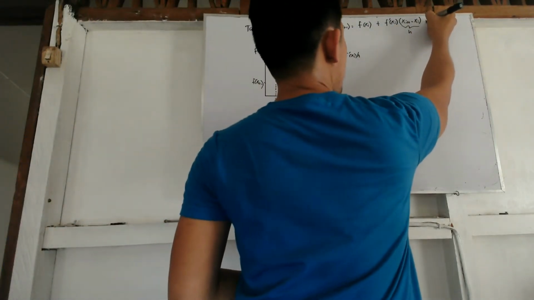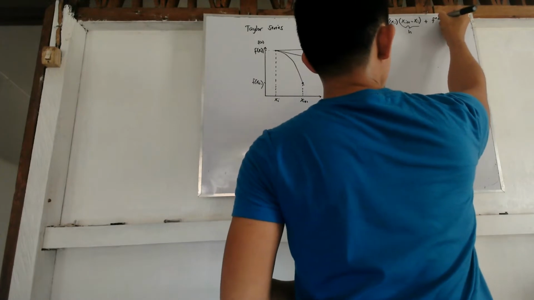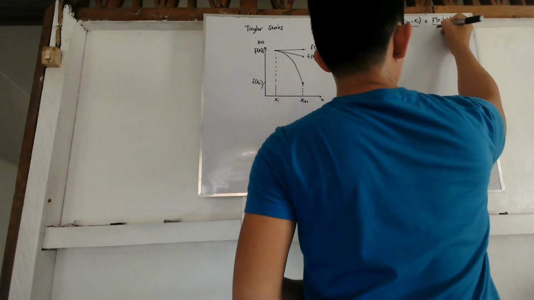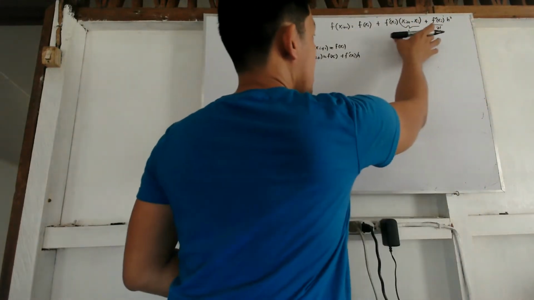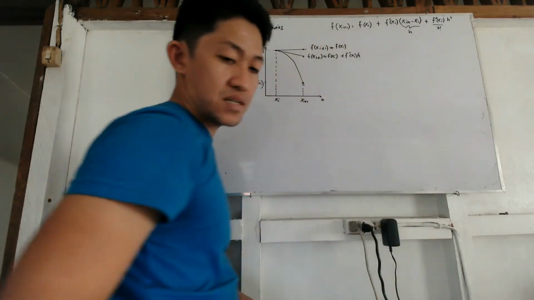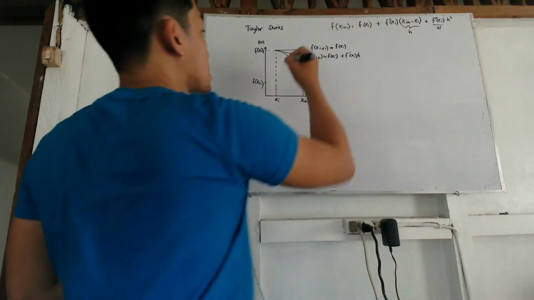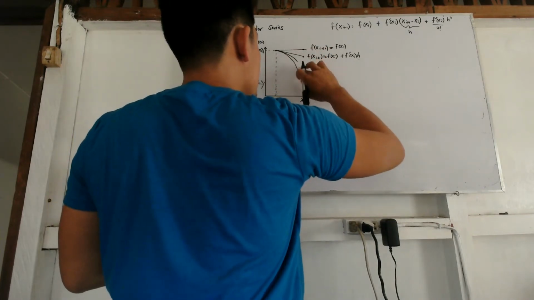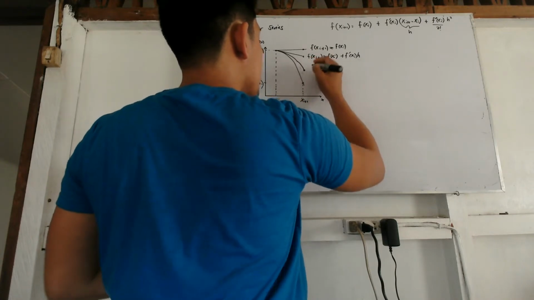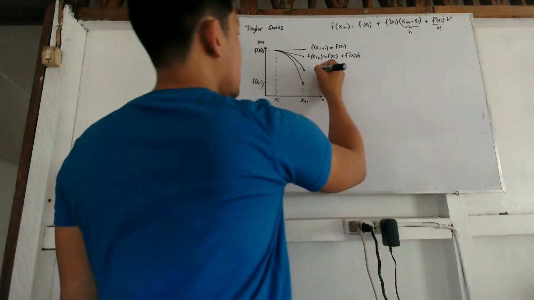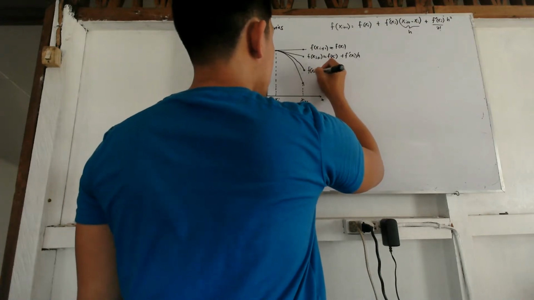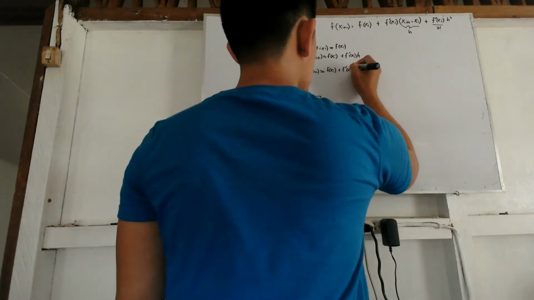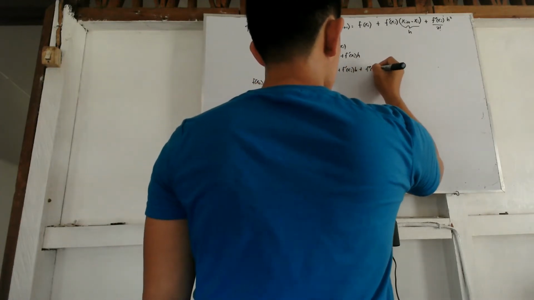So again, if we add additional terms, second derivative times h squared over 2 factorial, this becomes a second order curve. So your approximation would be something like this. Okay, so this is f of x sub i plus 1 plus f double prime.